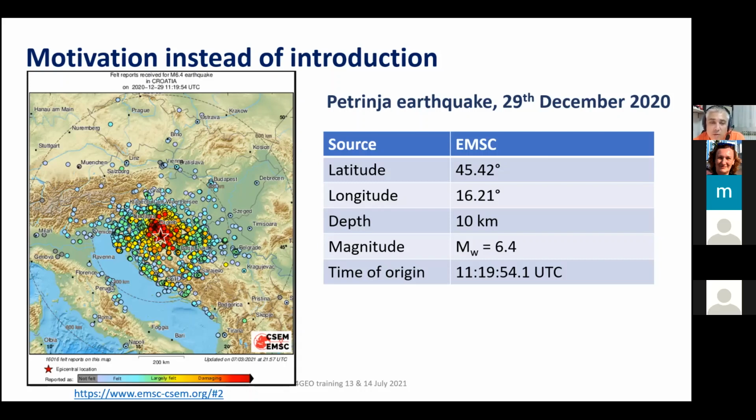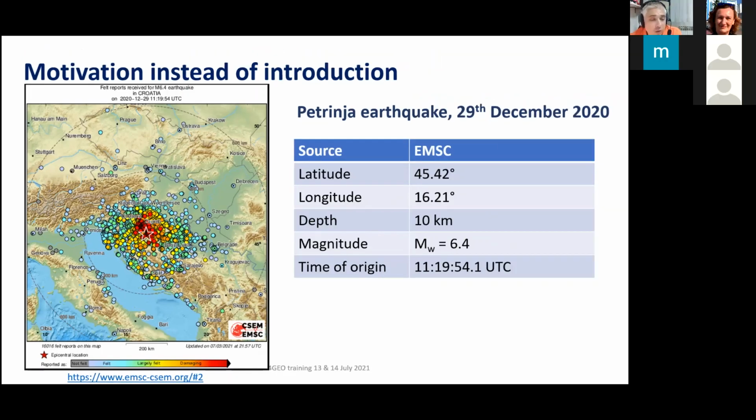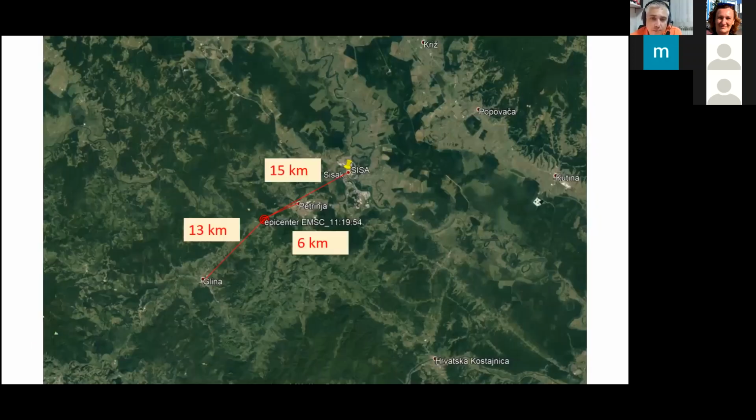It is 1 magnitude stronger than those that occurred in Zagreb, and the time of origin was 29th of December 2020. Indeed, a day before, a very strong earthquake occurred, and we all thought it was the main shock, but in fact, it was a foreshock. The big one, the main shock, occurred a day after.